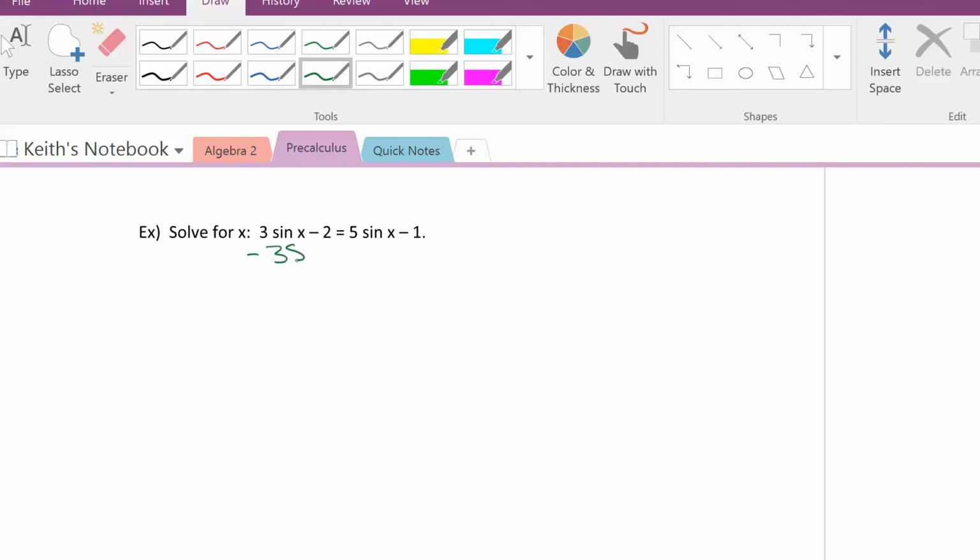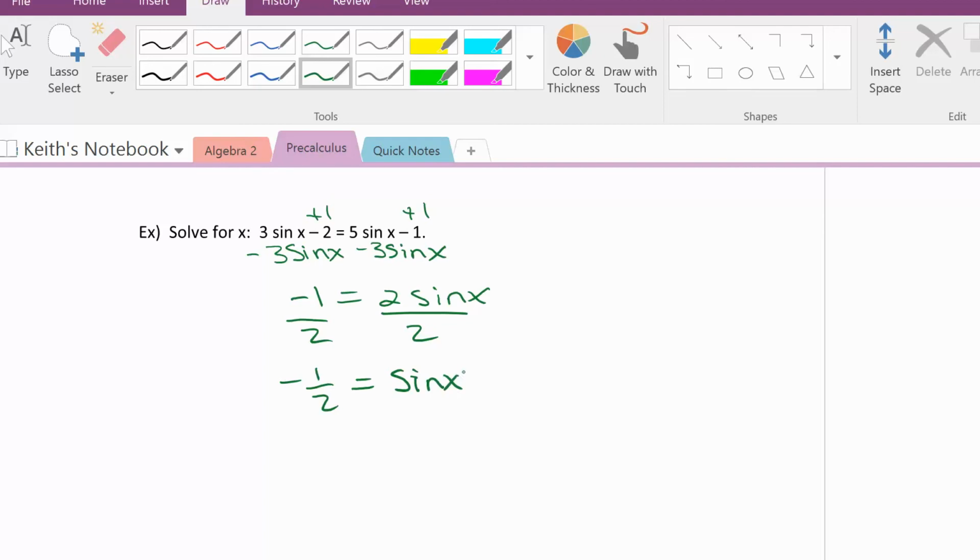So I'll subtract 3 sine x from both sides. So I get 2 sine x, and then I'll add 1. So 2 sine x equals negative 1. And then divide by 2. So I get negative 1/2 equals sine x. You could also put theta if you want.